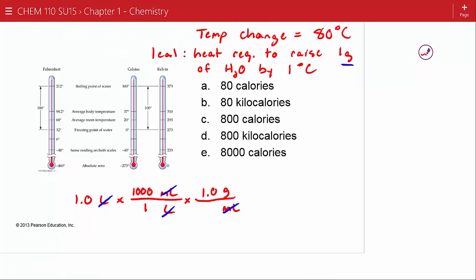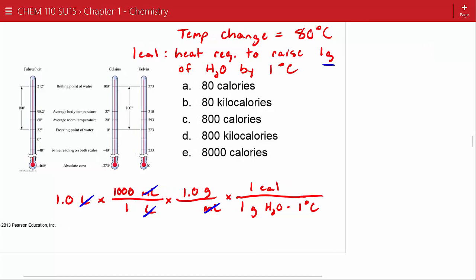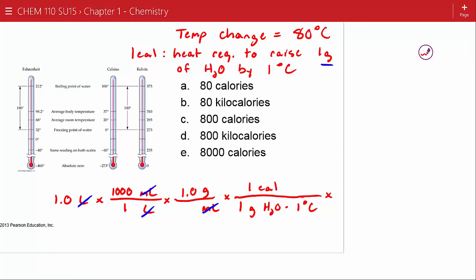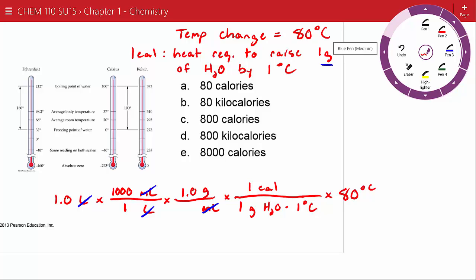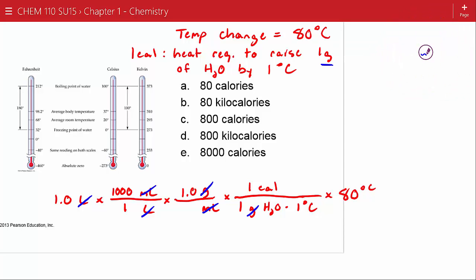And then what we can do is we can now use the calorie conversion. And we can say that 1 calorie is the same thing as heating 1 gram of water by 1 degree Celsius. And we know in this case that we're raising it by 80 degrees Celsius. So just like with our normal unit conversions, we can cancel out grams and grams, degrees Celsius and degrees Celsius.